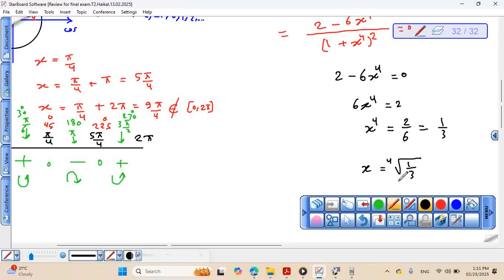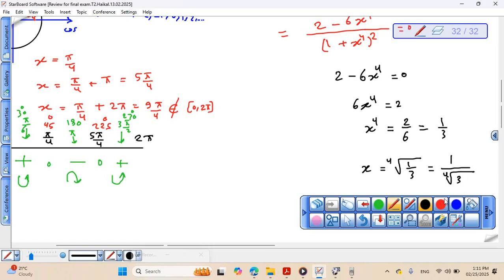Maybe you can find this. This is the point, yes. This equals, I think, 1 over the fourth root of 3.